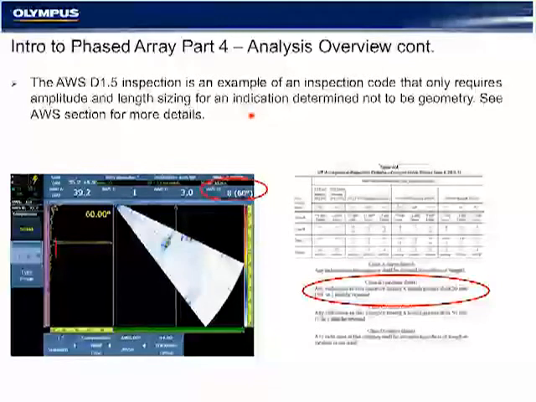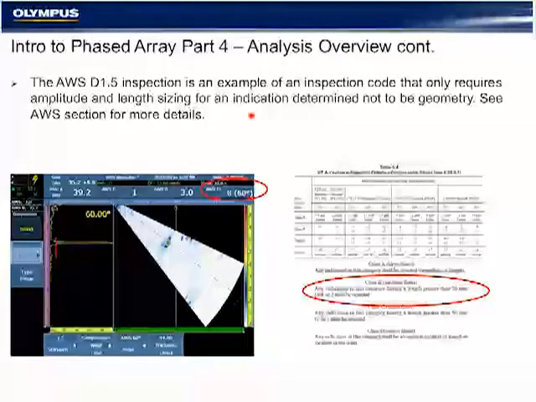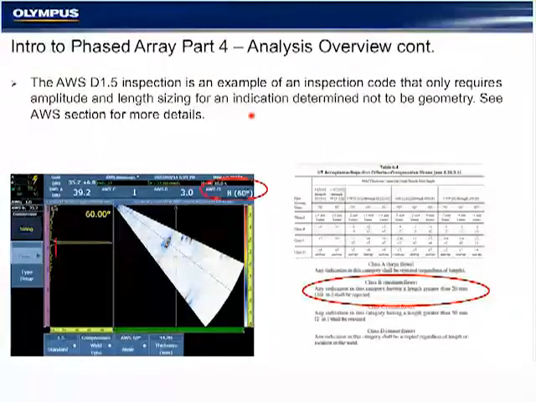For instance, the AWS codes typically do not require flaw characterization, meaning they're strictly based on amplitude and length sizing. They don't necessarily differentiate between IP and a root non-fusion.